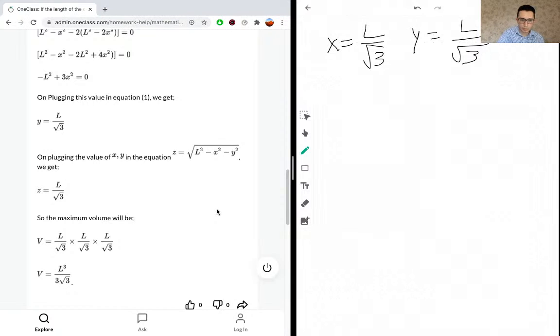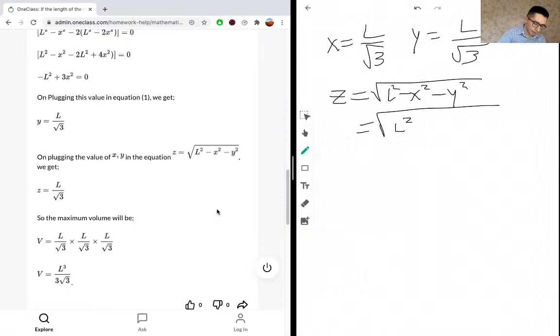So we go back to our original equation for z. z equals the square root of L squared minus x squared minus y squared, because we still need that component to solve for the volume. So we have the square root of L squared minus L squared over 3 minus L squared over 3.